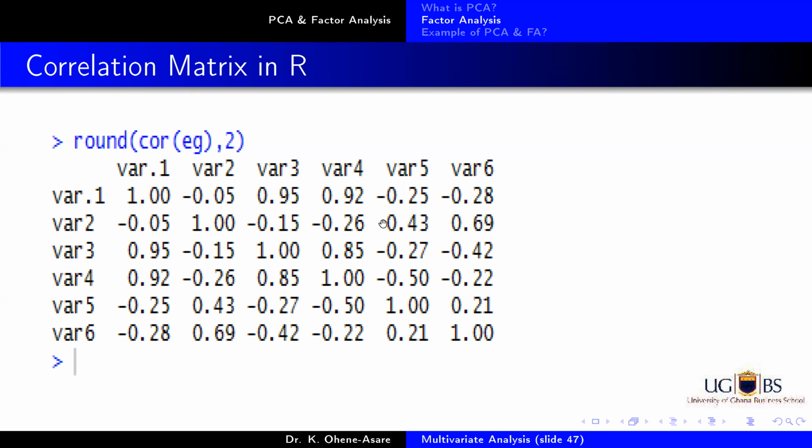Where is that? If you look at this one, you can see variable 4 and variable 3, and variable 3 and 1. Several of them have a correlation coefficient of at least 0.8.